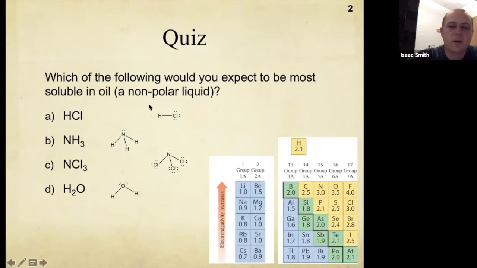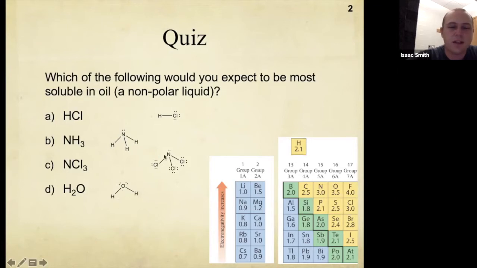You have a polar bond. Ammonia, the nitrogen-hydrogen bonds are polar. That's what I meant to say. And so you have pretty good polarity going on in this molecule. Water definitely has polar bonds.